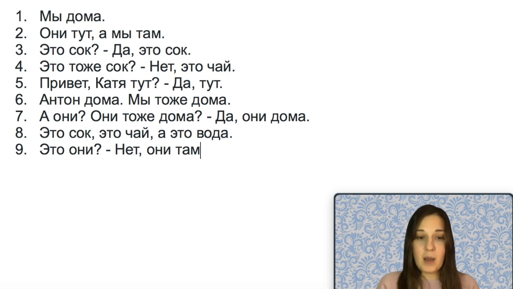Они там. Нет, они там. It's not us. It's, this is это, not, не. Us, the main form is we. In Russian it is мы. Это не мы. It's not us.